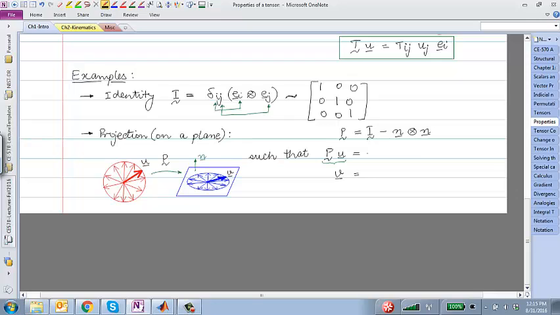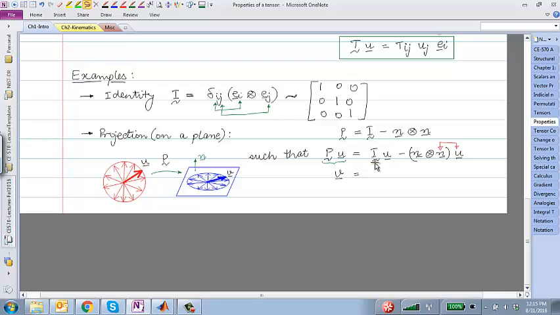So I acting on u minus n dyad n acting on u, and these two vectors get dotted with each other, so dot product there.